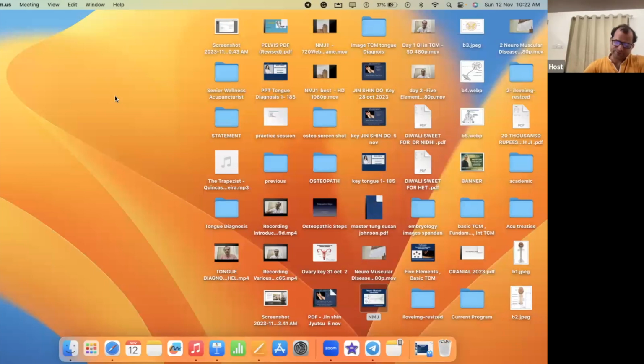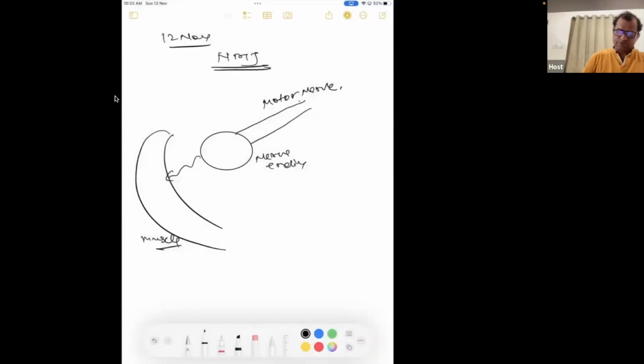So in this way, when this motor nerve is giving some order, but this muscle, or we can say the skeletal muscle, is not following this order, then there is a problem happening.